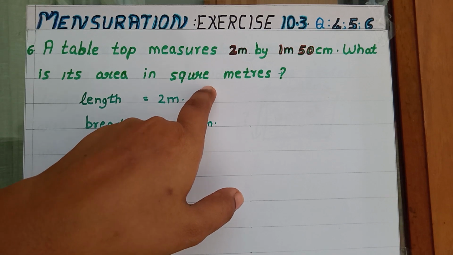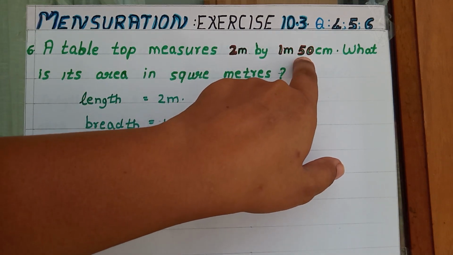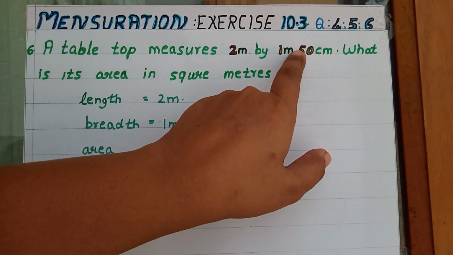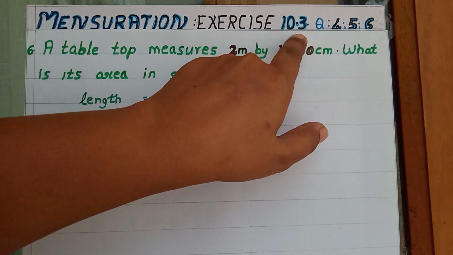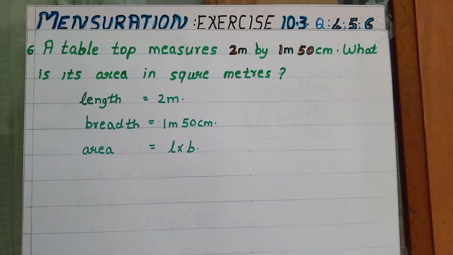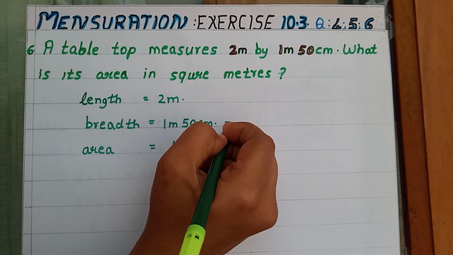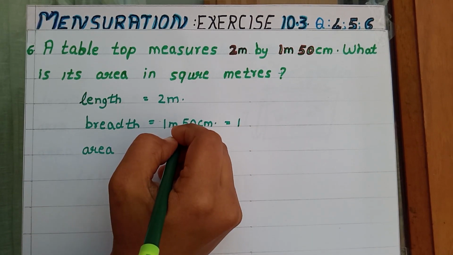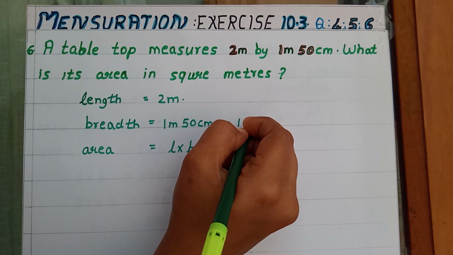area in square meter. Here the breadth is given in meter and in centimeter. So first we should convert this whole breadth into meter, the unit meter. So this breadth can be written as 1 meter and 50 centimeter will be 0.5 meter.